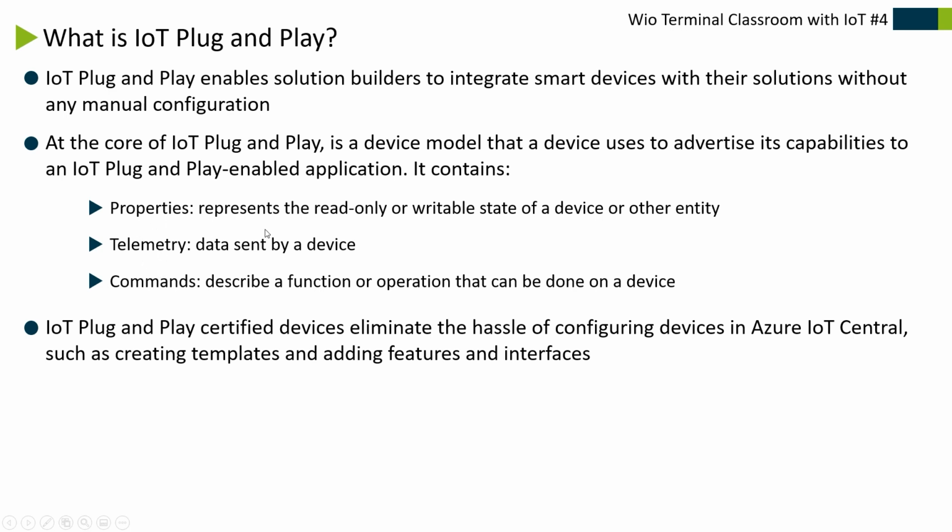Properties represent the read-only or writable state of a device or other entity. Telemetry is the data sent by a device. Commands describe a function or operation that can be done on a device. Finally, IoT Plug and Play certified devices eliminate the hassle of configuring devices in Azure IoT Central, such as creating templates and adding features and interfaces.